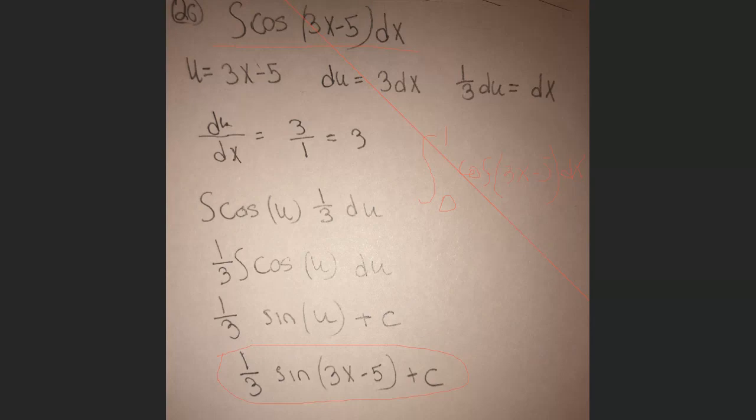Okay. All right. My second question is this. I'm getting confused with why you're trying to do du over dx equals 3 divided by 1 equals 3. I'm confused with this line. Because you use the u substitution. In the second line, you said, okay, let me use the u substitution method, so let u be 3x minus 5. Then du equals 3 dx.